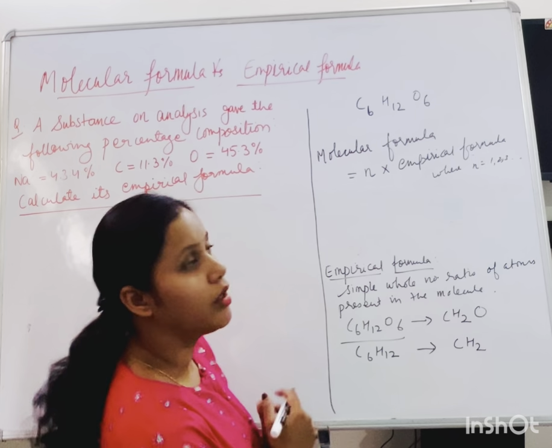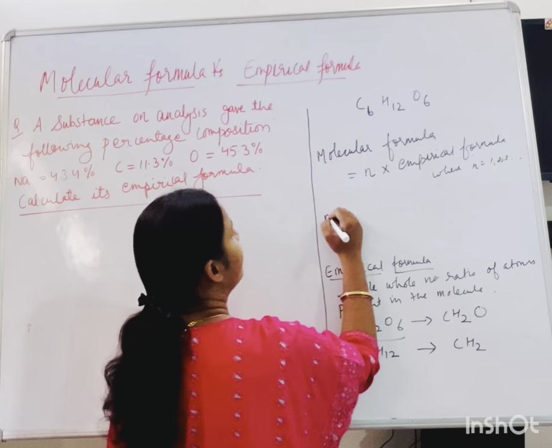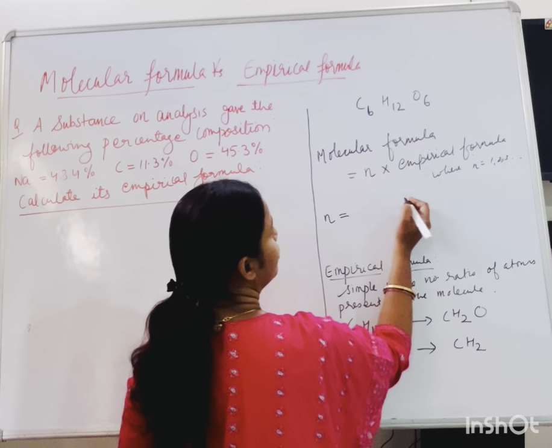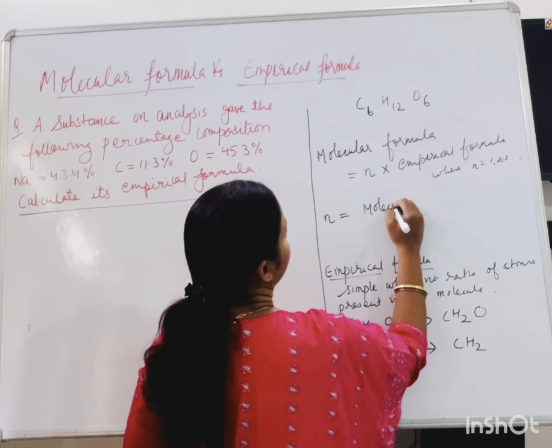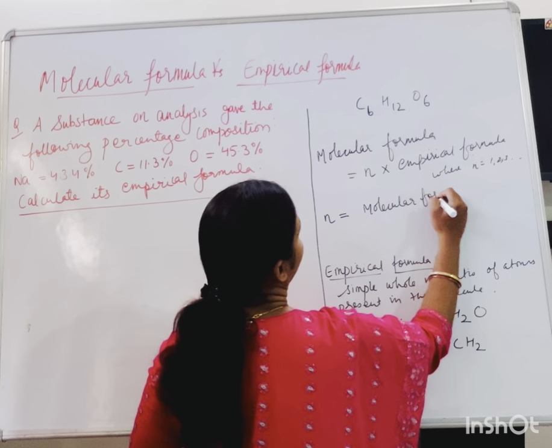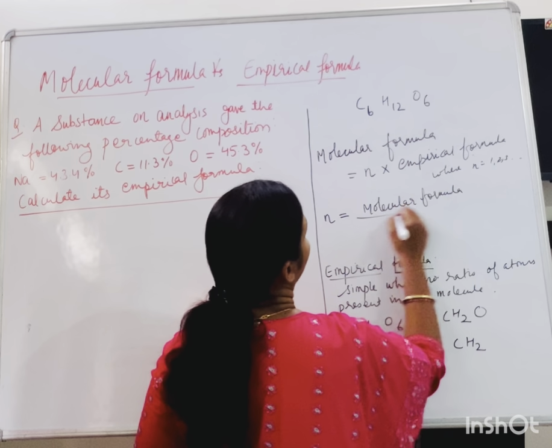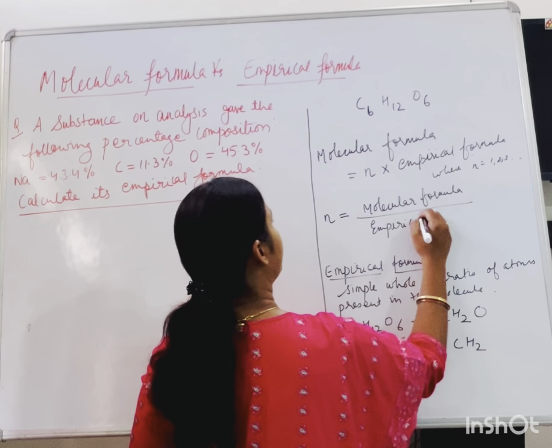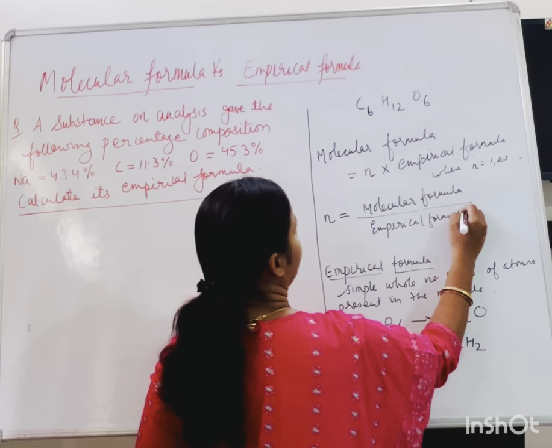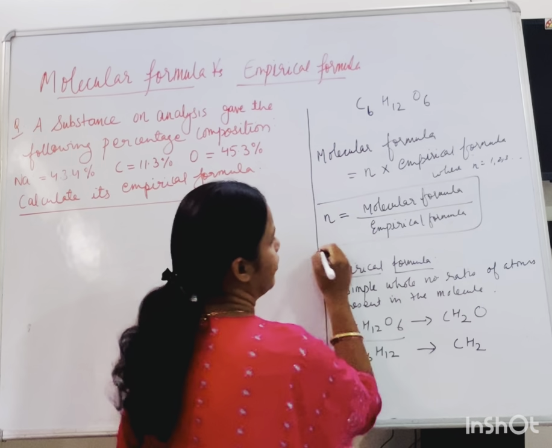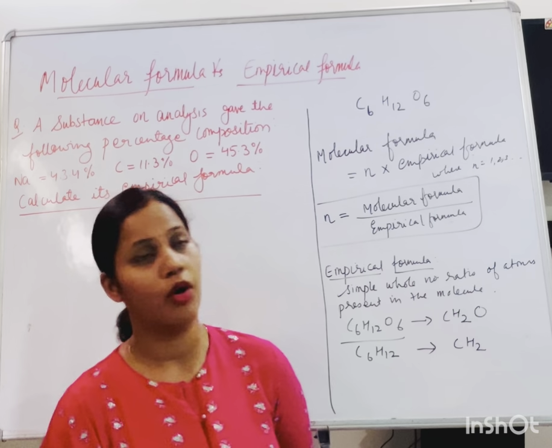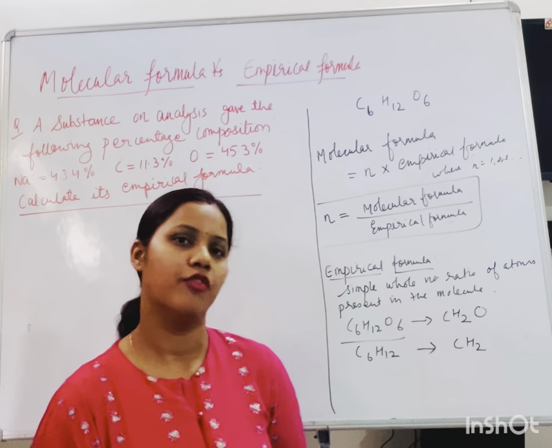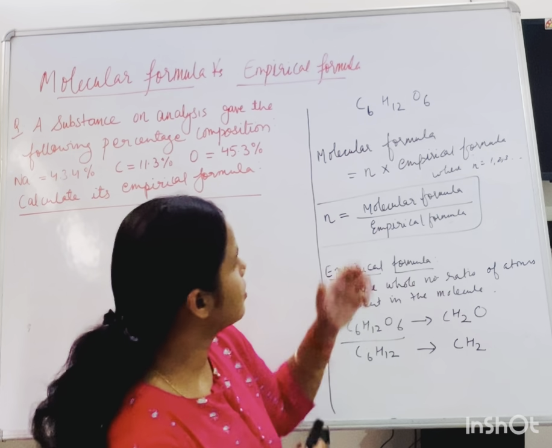And from here, if I have to calculate the value of n, then n will be equal to molecular formula upon empirical formula, or we can write it as molecular mass upon empirical formula mass. So this is the relation.